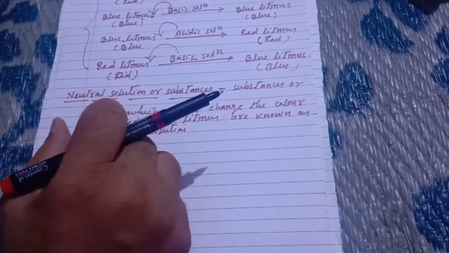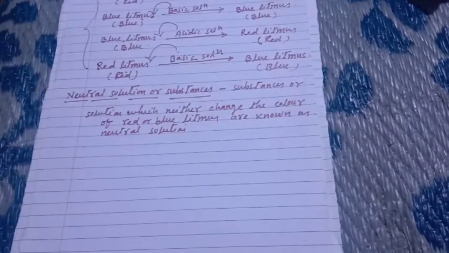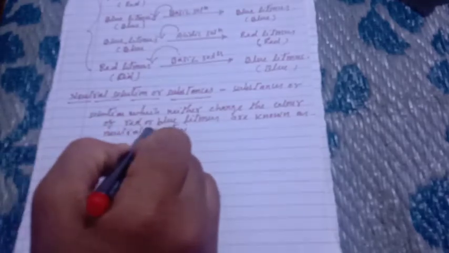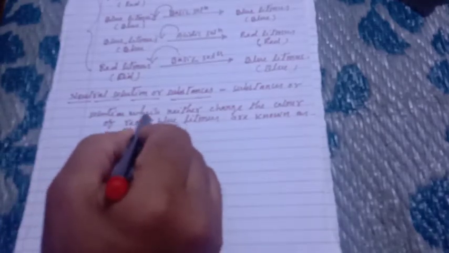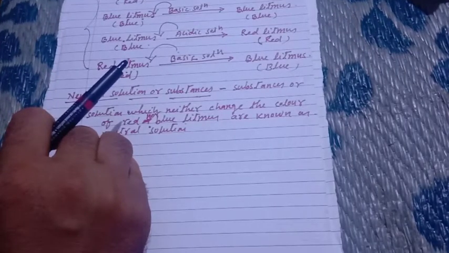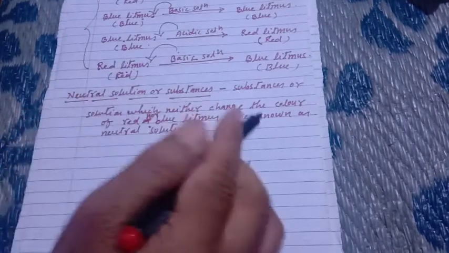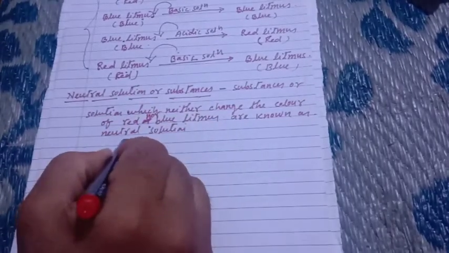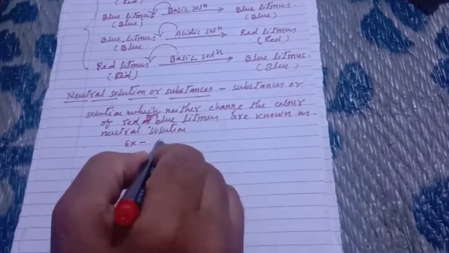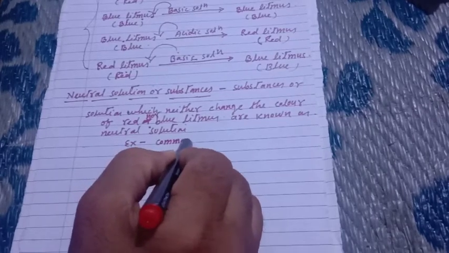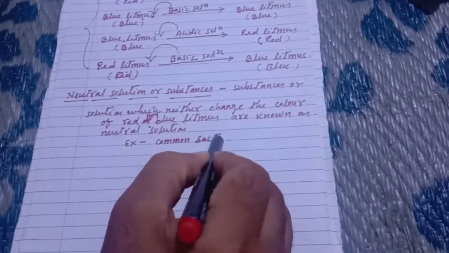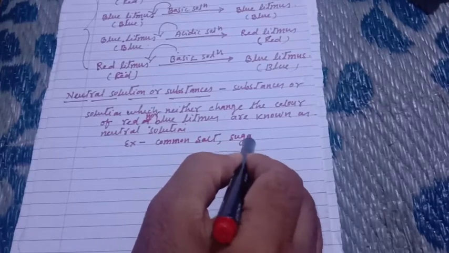Okay, so neutral solutions neither change the color of blue litmus nor the color of red litmus paper. They are called neutral solutions. Examples are common salt and sugar.